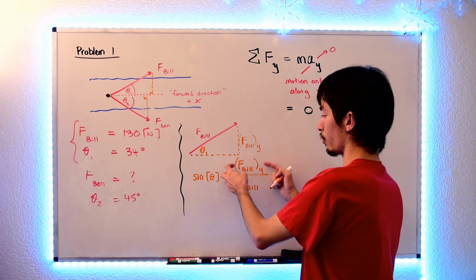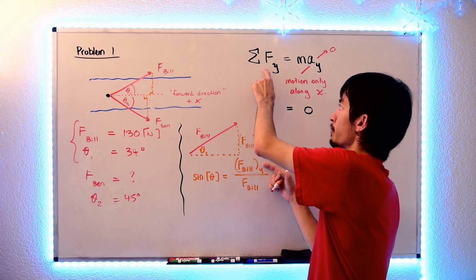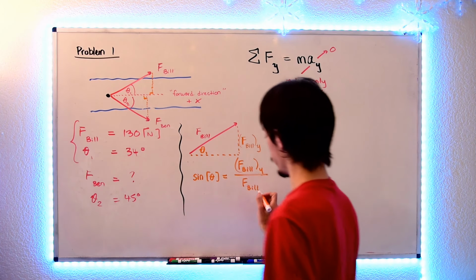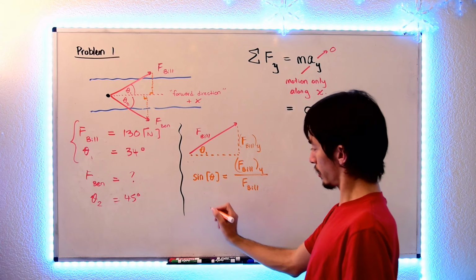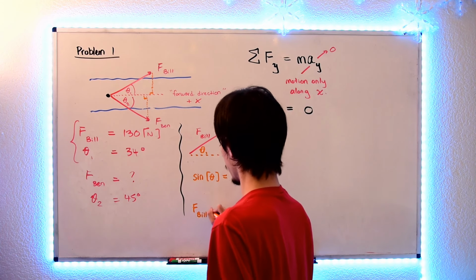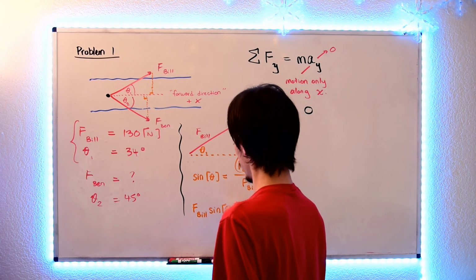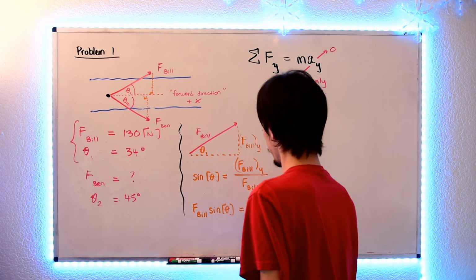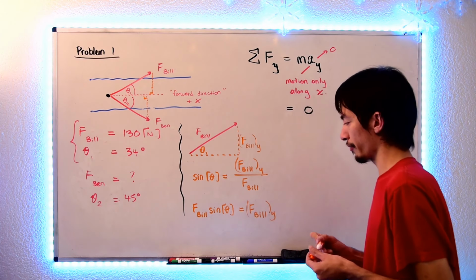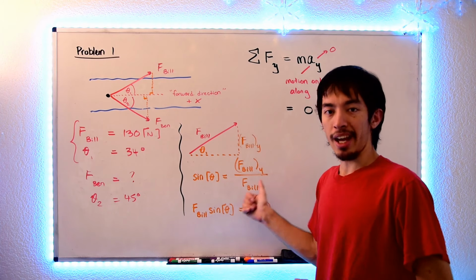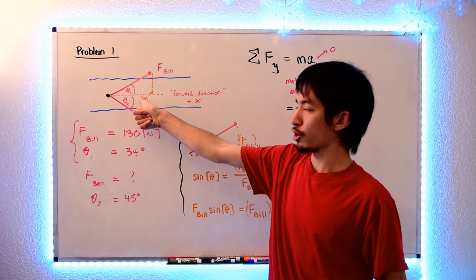Since I want to write the y component into my sum of forces, I'm going to solve for the y component. So if we move this over to the left side, we get force Bill sine theta equals force Bill y component. I can do the same exact thing for the bottom triangle.